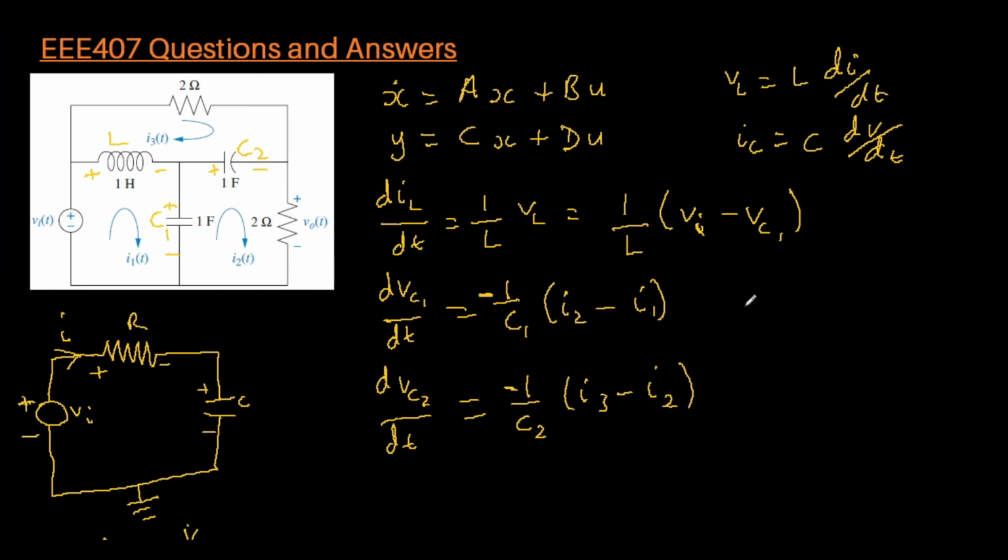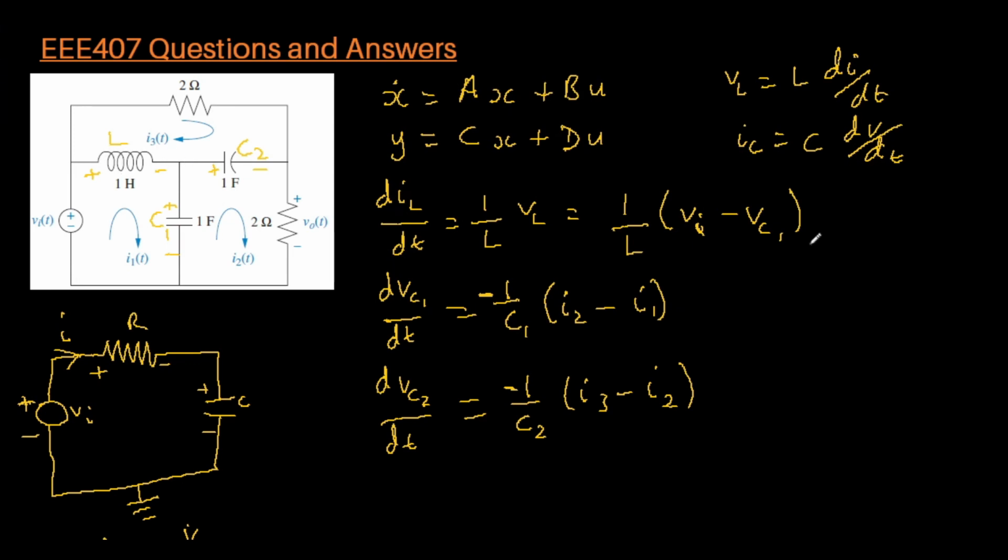We know IL is one of our state variables over here. So we know the current going through this inductor. Just for a moment, I want to check current. The current going through the inductor has to be going to the right. Did I use that correctly? Okay, that's fine. I just used voltages, so that's okay. I didn't use the current. So the current going in is current to the right.